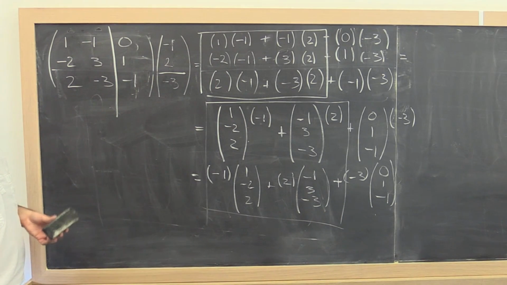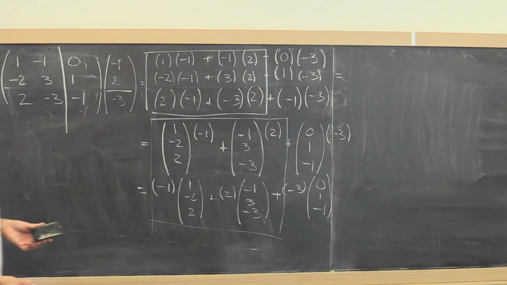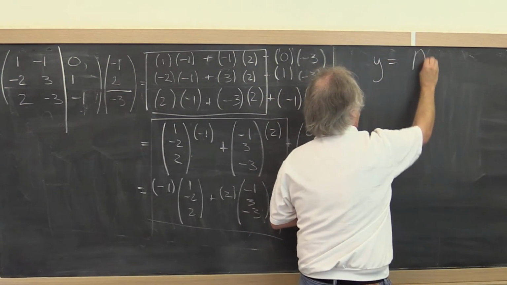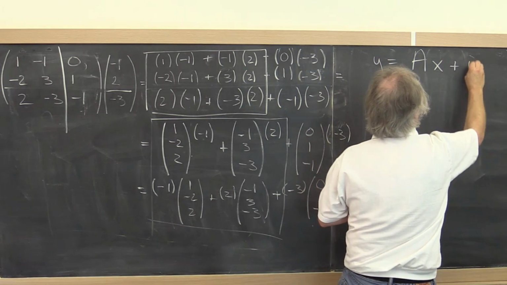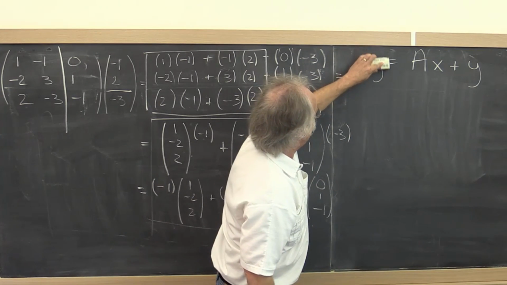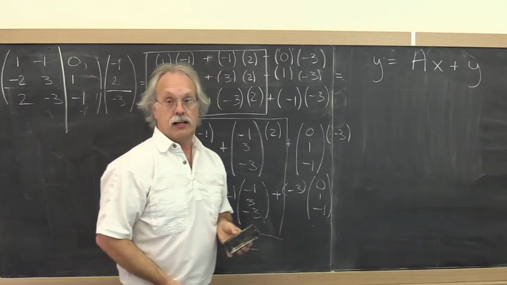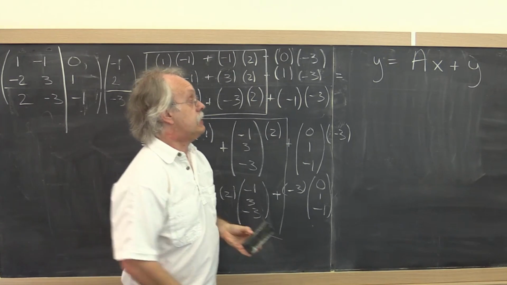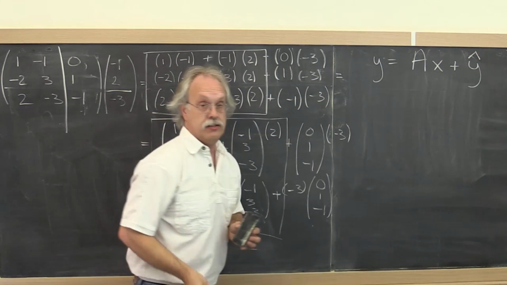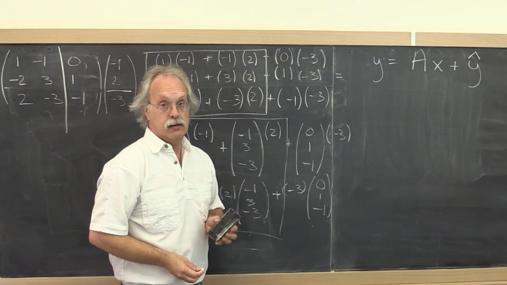Okay, so how can we think about that? Well, let's go back to wanting to compute y is equal to A times x plus y. Which then of course becomes the postcondition that looks like that. Except we have to put a hat on here to indicate the original contents of vector y.